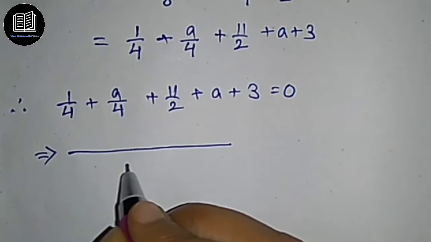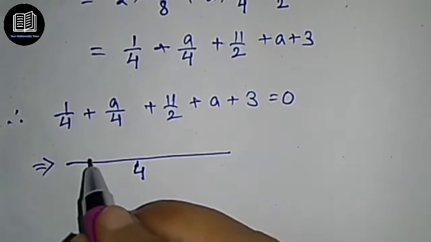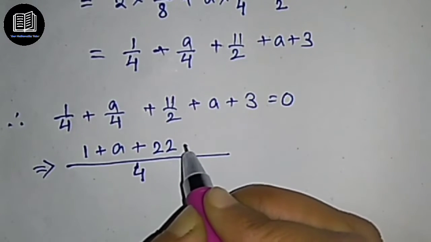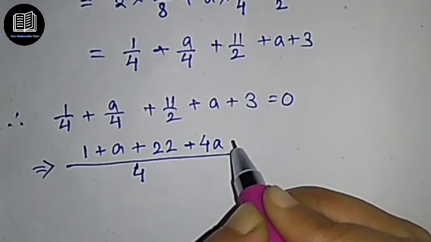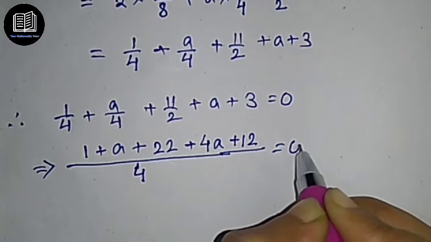To add all, we find the LCM as 4. 1 plus a plus 22 plus 4a plus 12 equals 0.